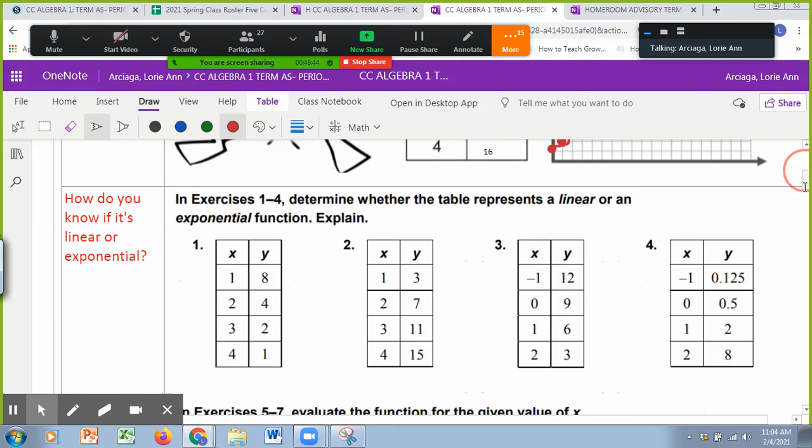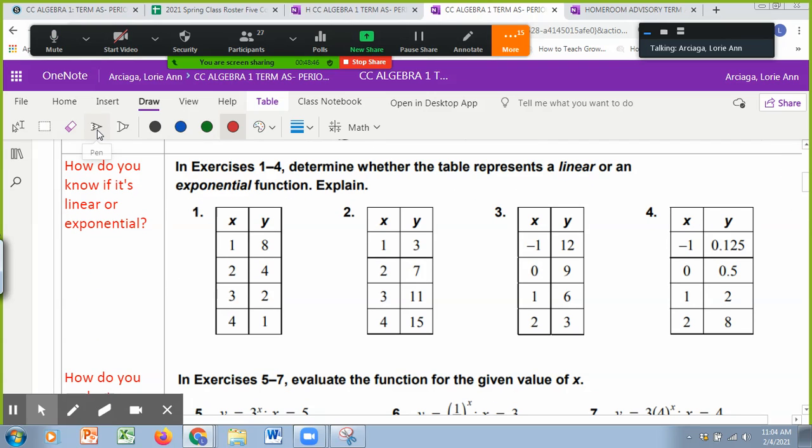We're going to write, so click on text. You have to figure out whether the table is linear or exponential. So now we're trying to compare what we just learned and what we had last semester.